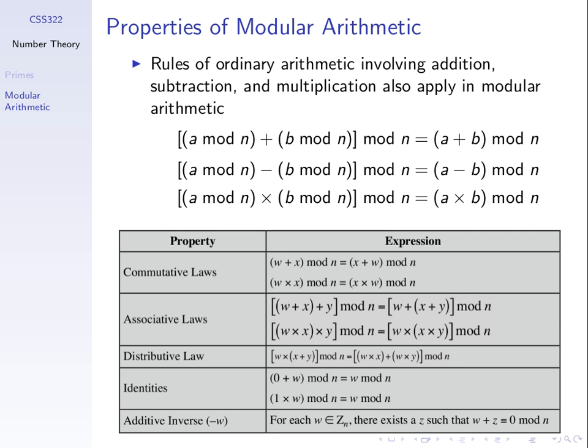Let's try and expand it, and we'll use this property. Exponentiation is just multiplication, 11 times 11 and so on. So we can use this property: A times B mod n we can rewrite as A mod n times B mod n, all mod n.